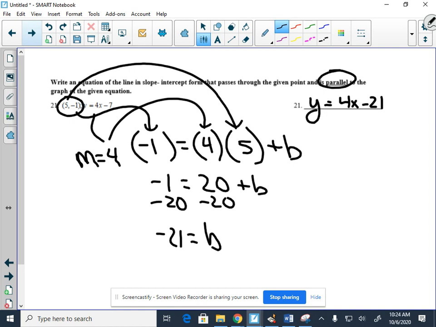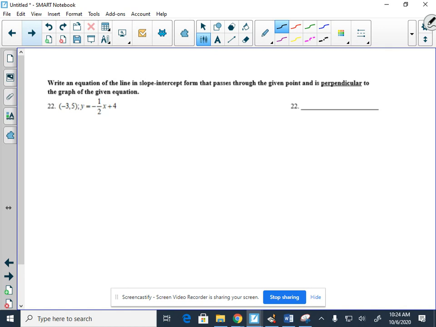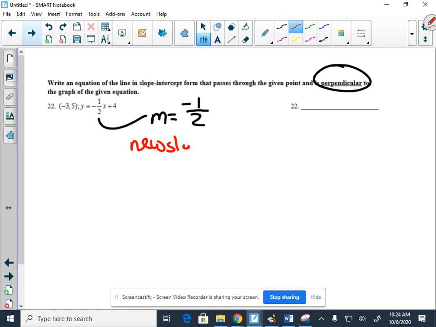Last one. Pretty good here. I can back up. This time they're perpendicular. Our slope is -1/2, so we need a new slope that's perpendicular. Said 2? It's correct. It'd be 2/1, which is just 2, but now it's positive, right?